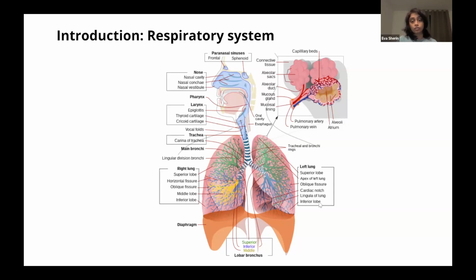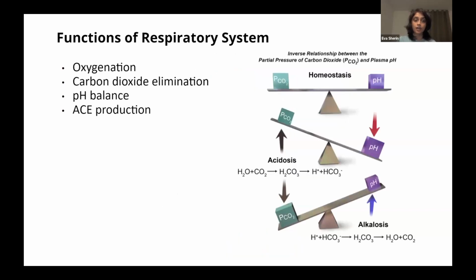And so we've got the bronchi, which come down to the bronchioles, and alveoli, which are the main thing that we need to look at, because that's where all of the gaseous exchange happens. And functions of the respiratory system, obviously oxygenation, so that we get enough oxygen for the body, carbon dioxide elimination, and pH balance, because we know if too much carbon dioxide is left in the body, it can form carbonic acid, which is H2CO3, which divides into H+ and HCO3-.